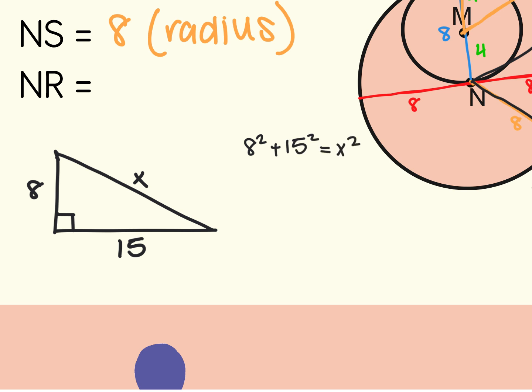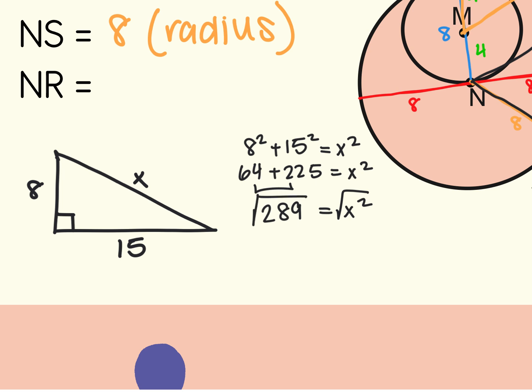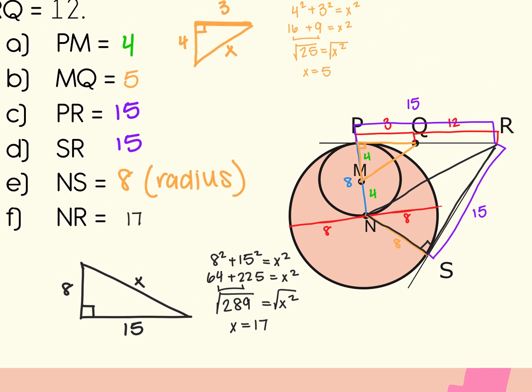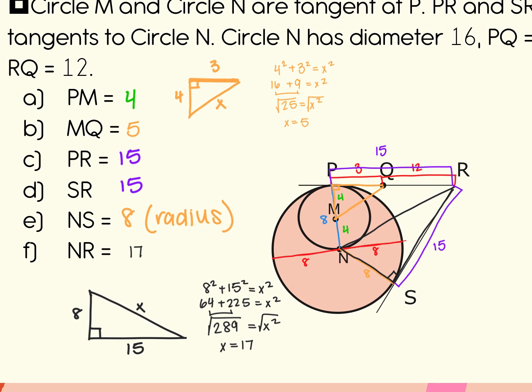I get 64 plus 225 equals x squared. Combining my like terms, meaning adding them together, 289 equals x squared, and then square rooting. What's the square root of 289? Good. X equals 17. Okay, so please make sure you are able to identify those right angles when you're solving.